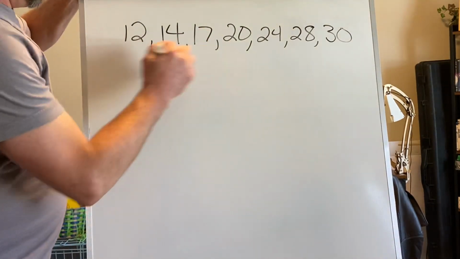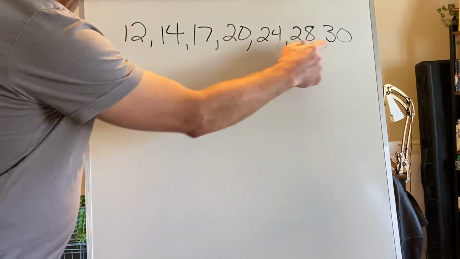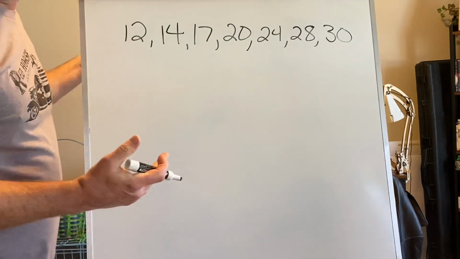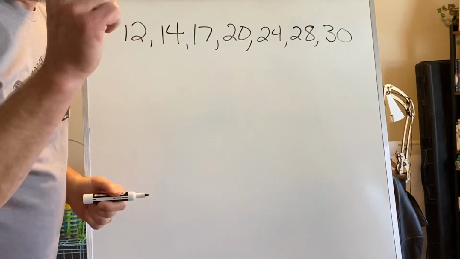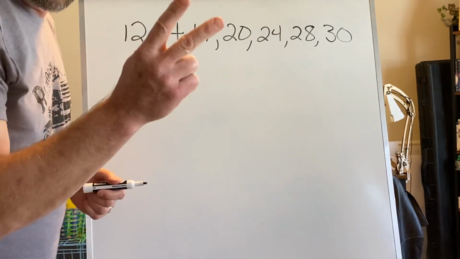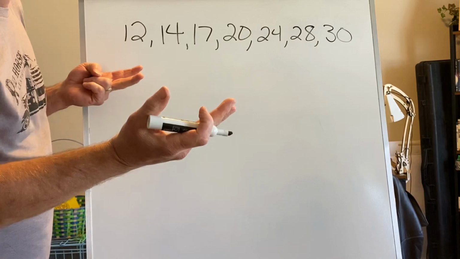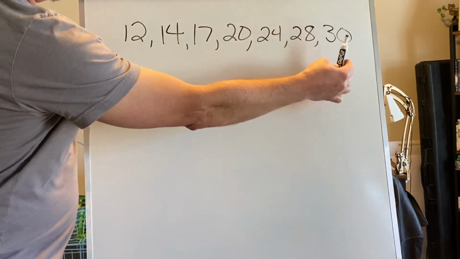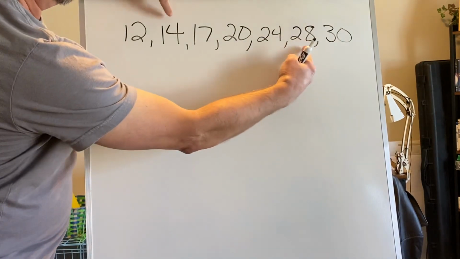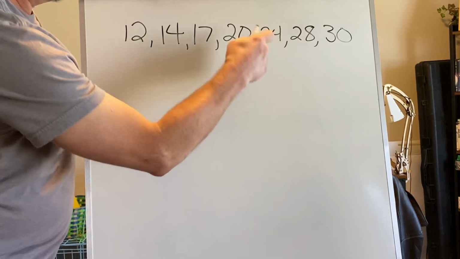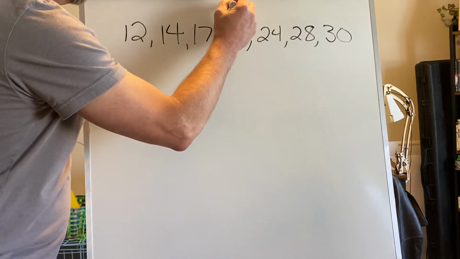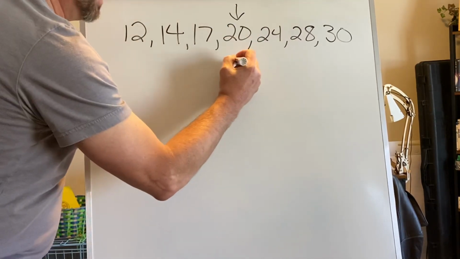That's kind of the simplest version of IQR. So we have 7 numbers, 1, 2, 3, 4, 5, 6, 7. So to find the IQR, we need to find the median, the first quartile, and the third quartile. So we start by just finding the median of this set. So we count in 1, 2, 3. Well, 20 is the middle.